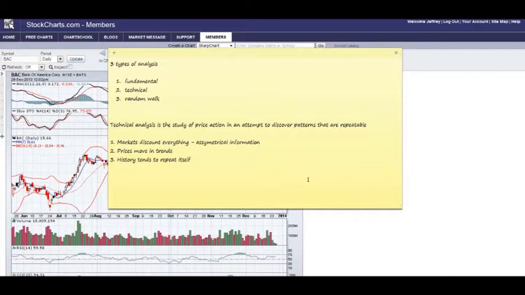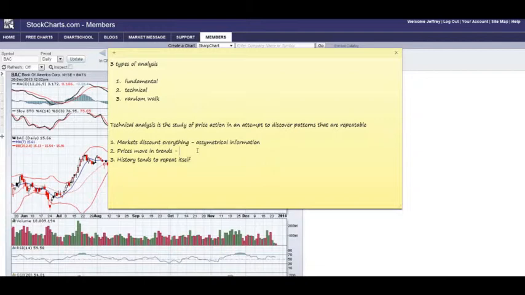Now, as high-speed internet technologies and the Twitters and the news feeds continue to evolve, it can be argued that information is a little bit more symmetrical now than it has been in the past. But there still is insider information. There's still that aspect of some know, some don't, and so it's very difficult to assume that the market is discounting everything.